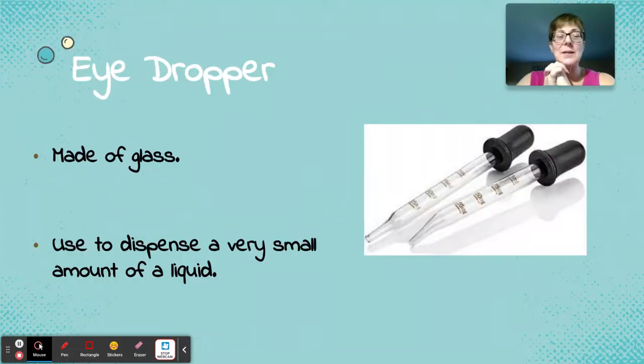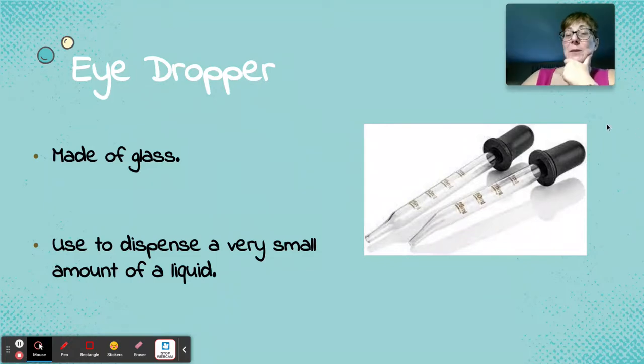Eyedroppers, most of us know what eyedroppers are. They're made of glass, and they are used to dispense the smallest amount. If you look at these eyedroppers, I picked it on purpose because you can see that this is 25 milliliters from this line all the way down. So that means there should not be any air bubbles in here, and I'll show you how to get those out.